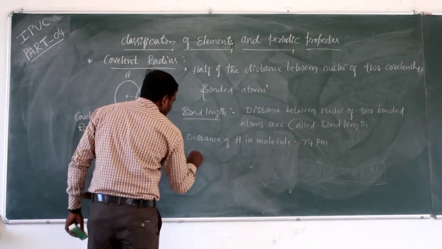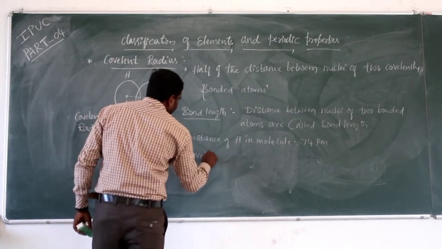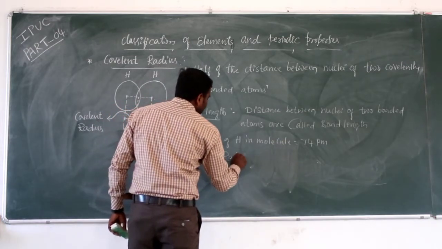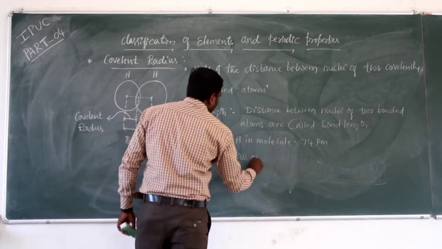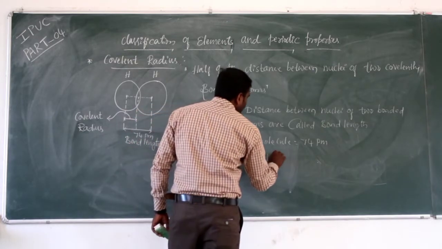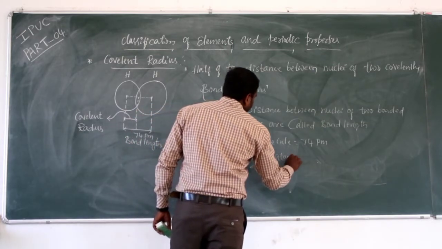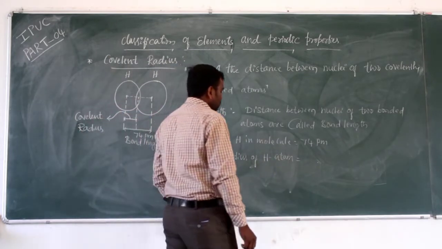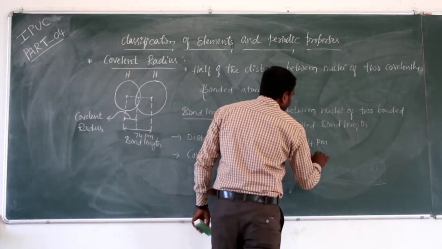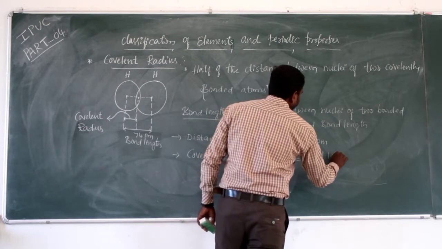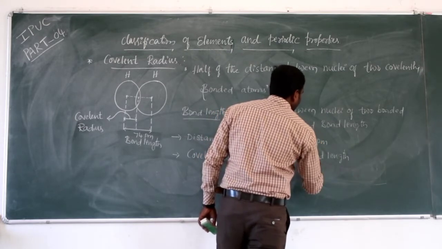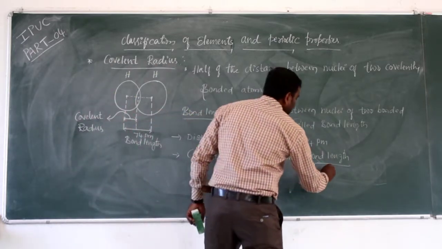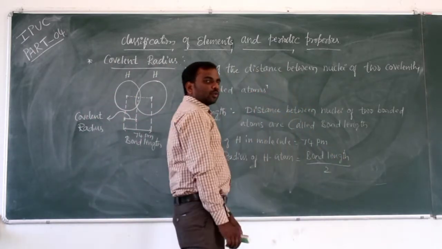To calculate the covalent radius of a hydrogen atom, we take the bond length divided by the number of atoms. See how many atoms here? 2 atoms, right? Divided by 2.